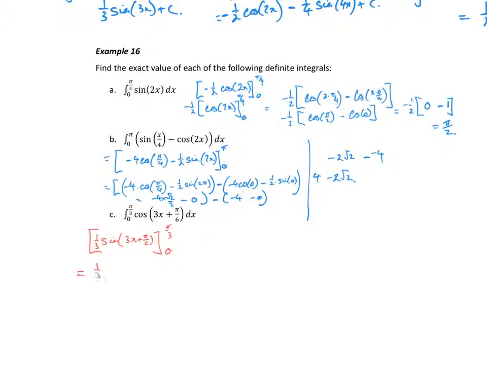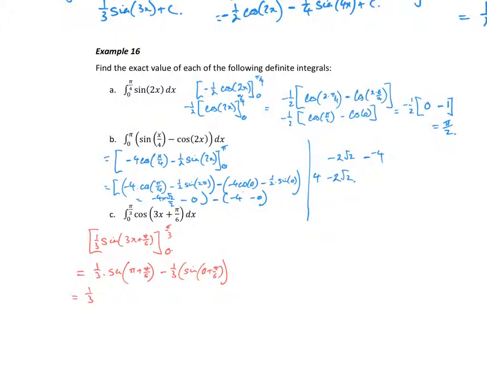So it's 1/3 times sine of, put pi on 3 in there, so I get 3 times pi on 3, which is pi, minus 1/3 times sine of, put 0 in, I get 3 times 0 is 0. Which is equal to 1/3.